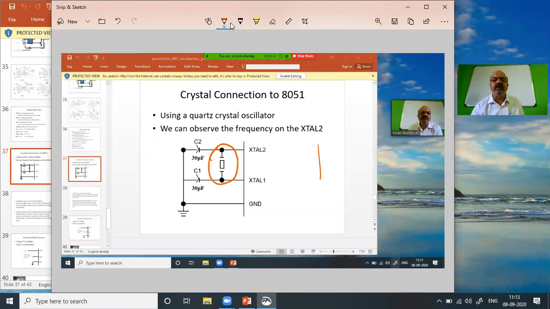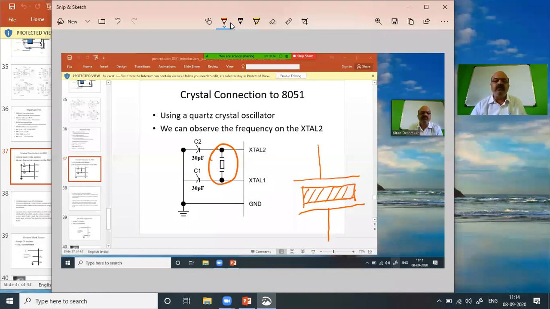I can draw it here like this. This is a crystal. These are the two plates in which the crystal is sandwiched. Correct? So this is the actual picture of the crystal.